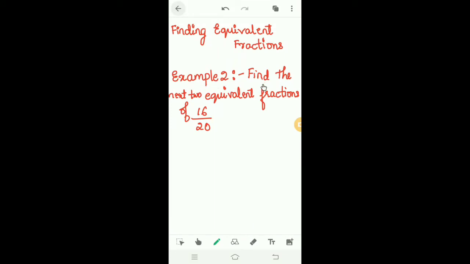Let's solve the second one. Find the next two equivalent fractions of 16 by 20. Here we can divide 16 and 20 by 2.